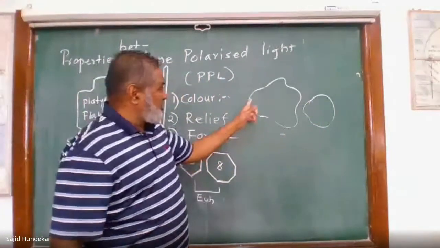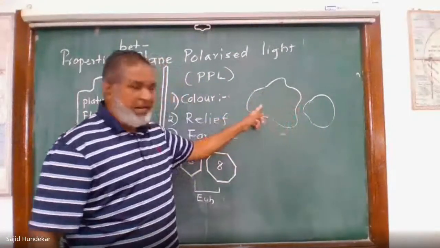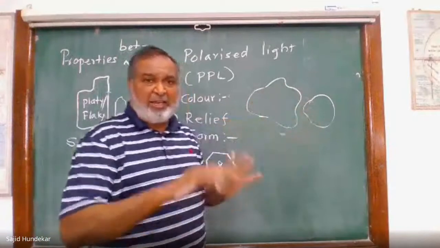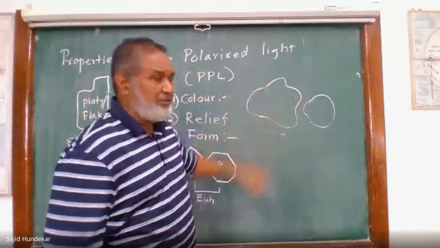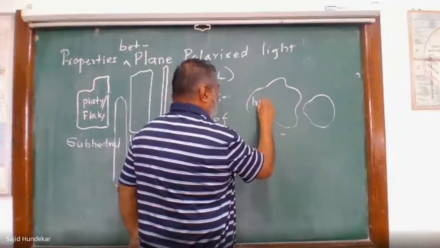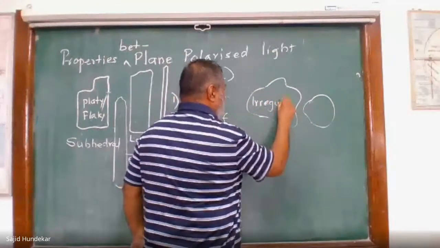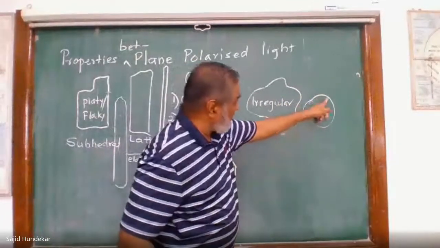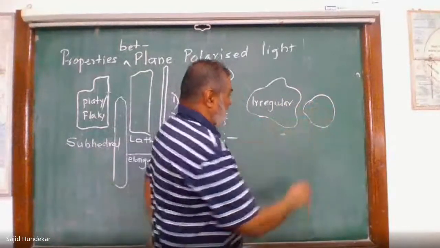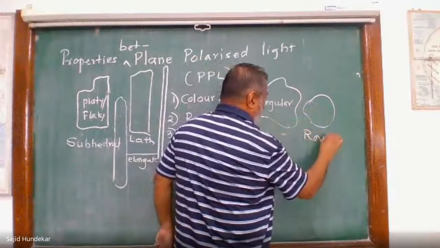None of the edge outline is straight. It is zigzag, irregular. So the first form is called irregular. No straight edge is there. Second one, more or less rounded in nature. So it is called rounded.